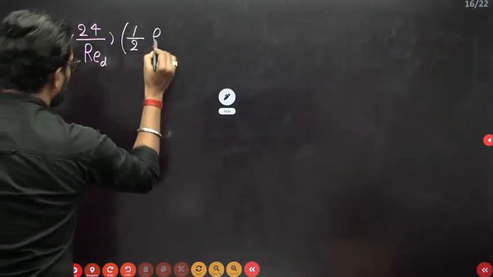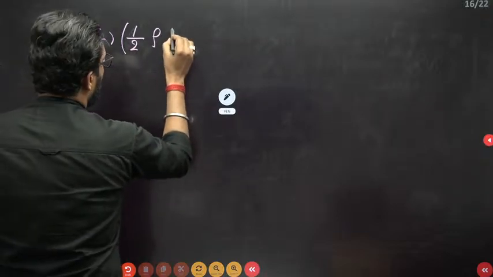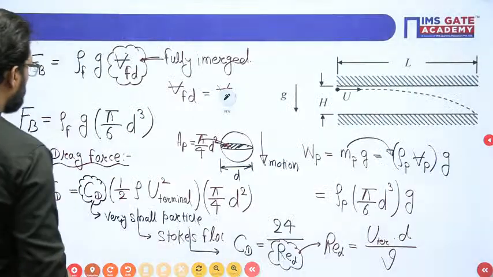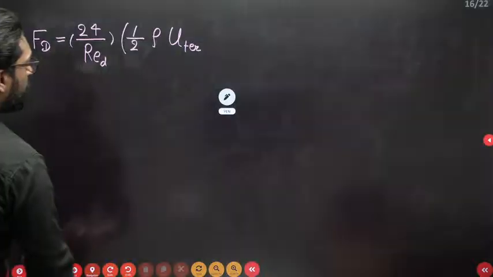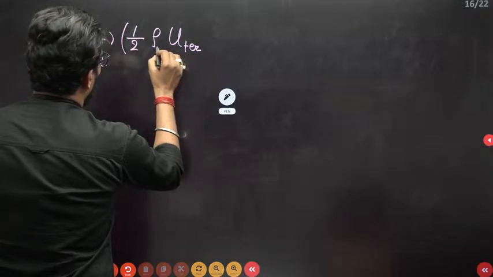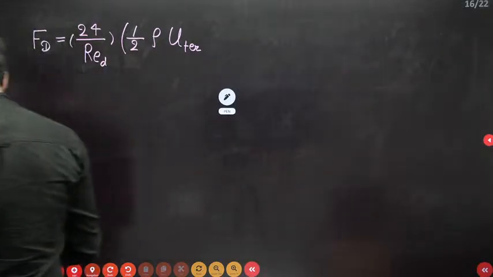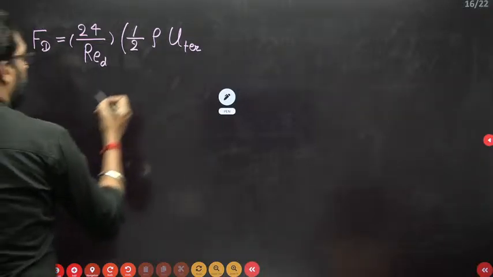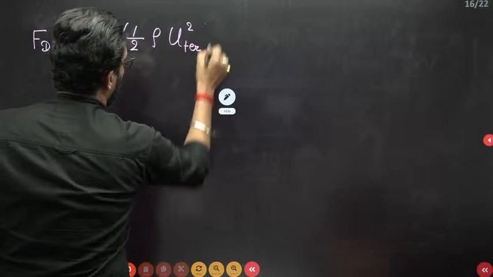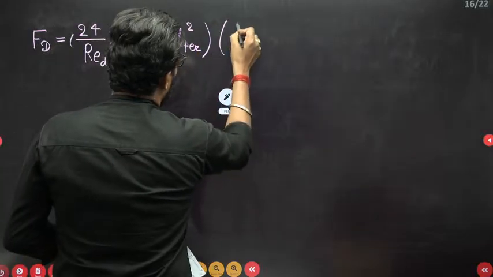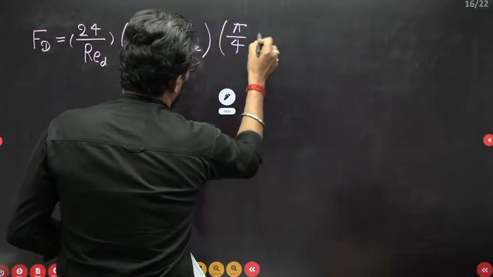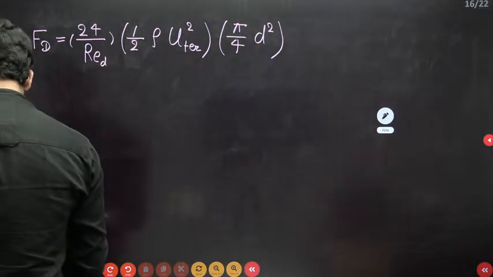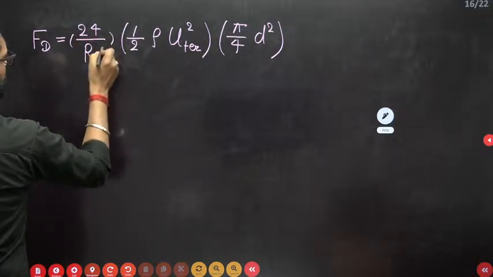Half the density of the fluid, U terminal square. And what is the area? Pi by 4 d square. Clear? Now, what is this Reynolds number?